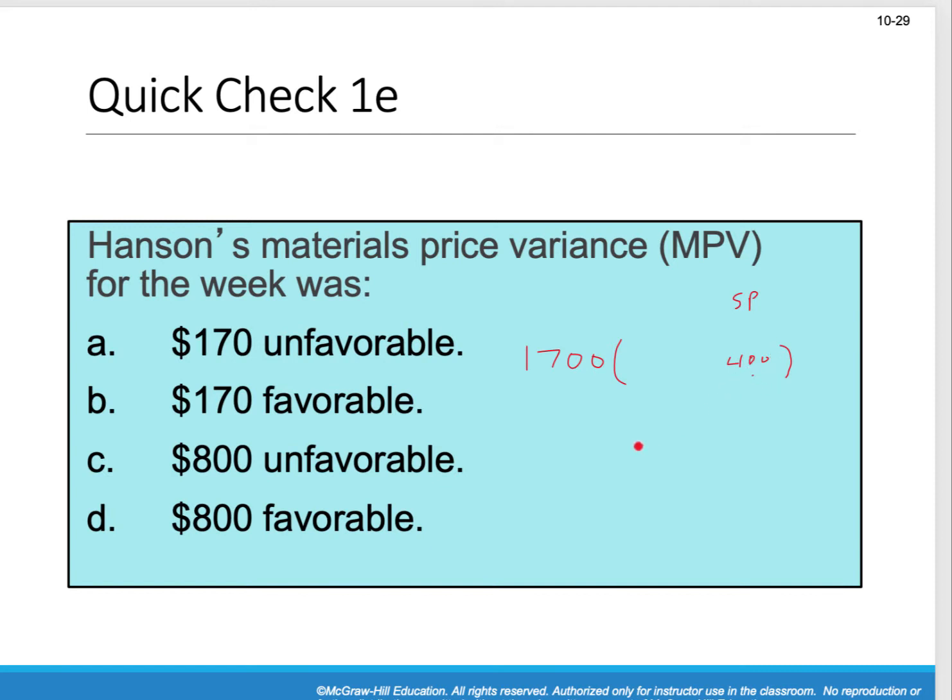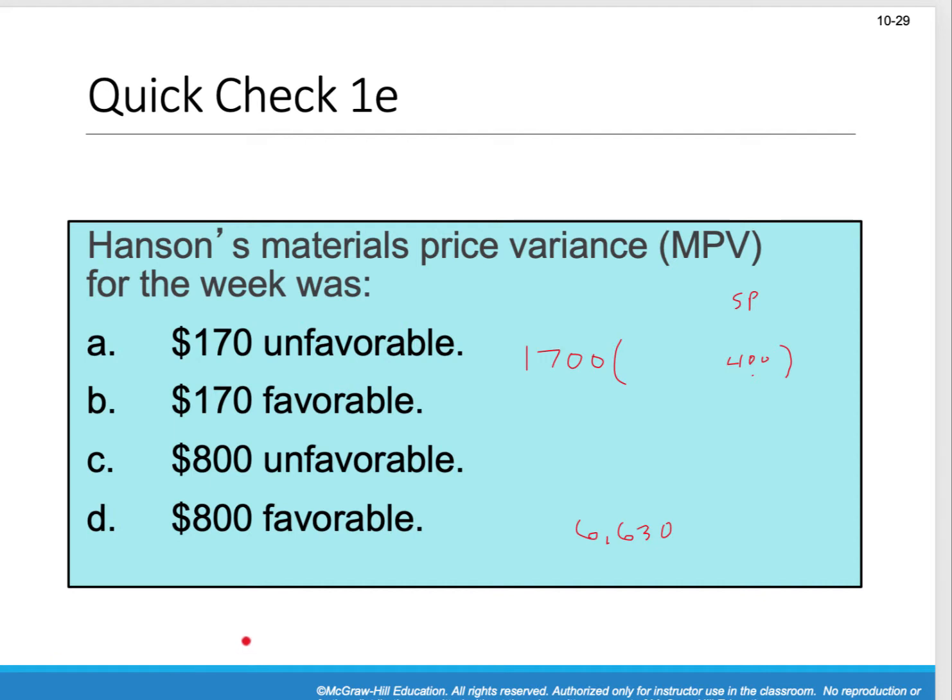Okay, but what was our actual price? I can't remember. I know what it was in total, right? In total it was $6,630. I know that the actual input used was the 1,700 pounds.